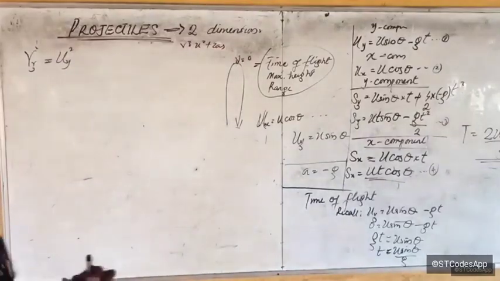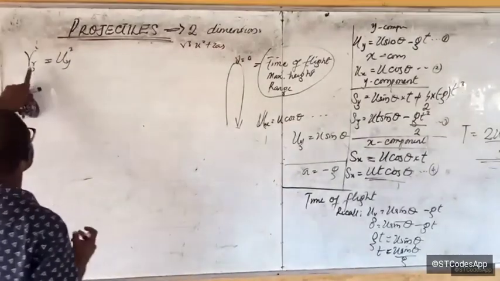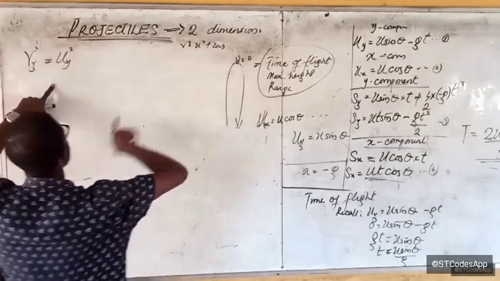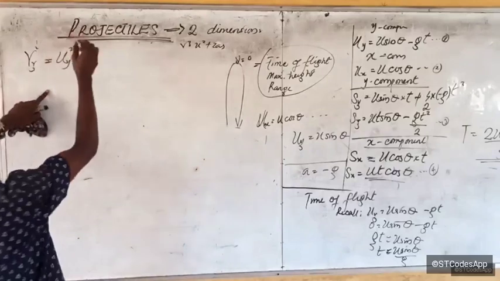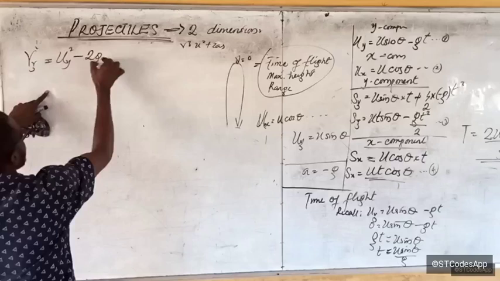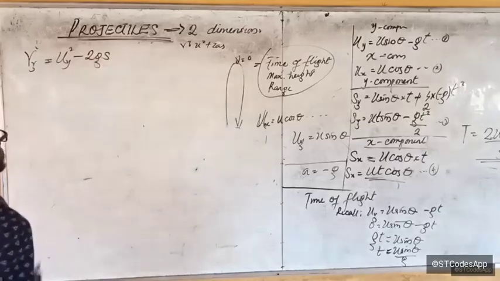I'm just trying to work the math here, so bear with me. Now a will be minus g, because we are considering the vertical component, so that will be minus 2gs.